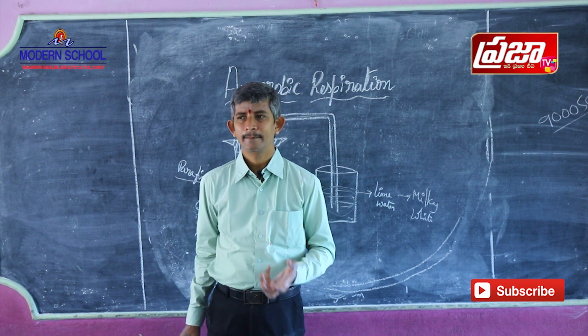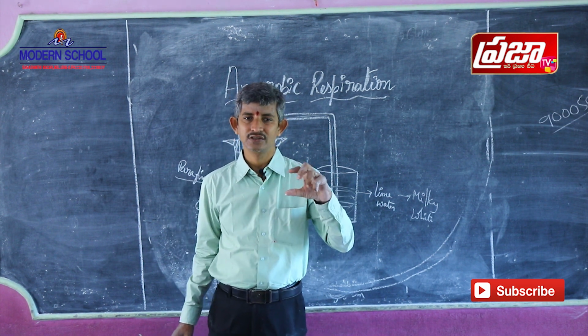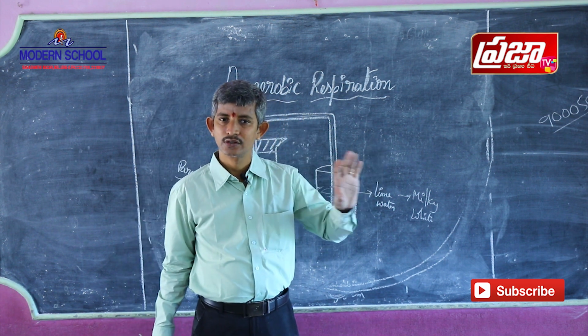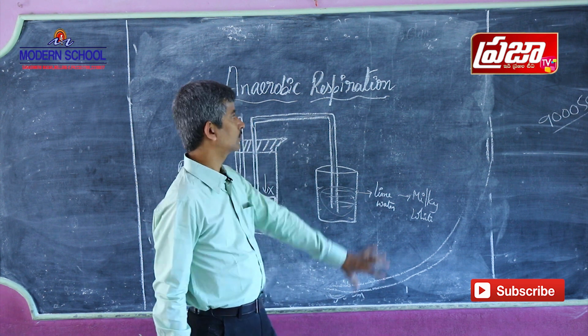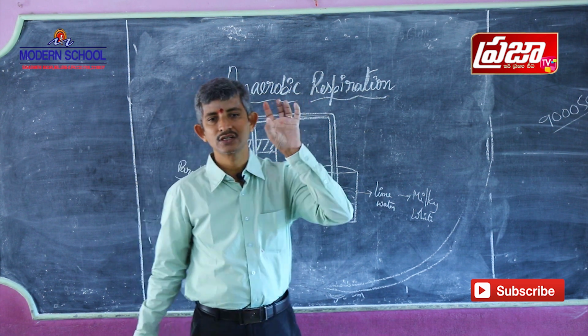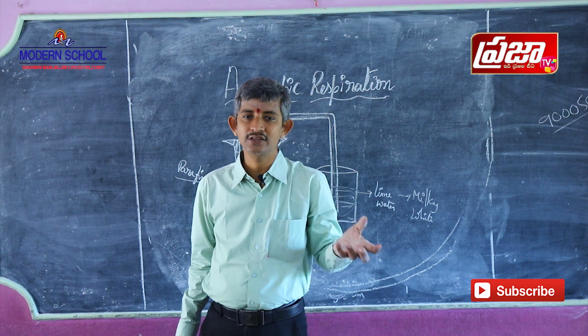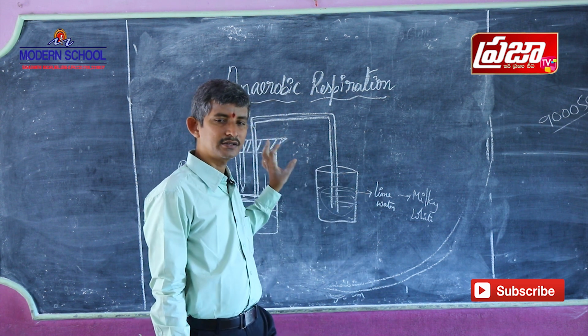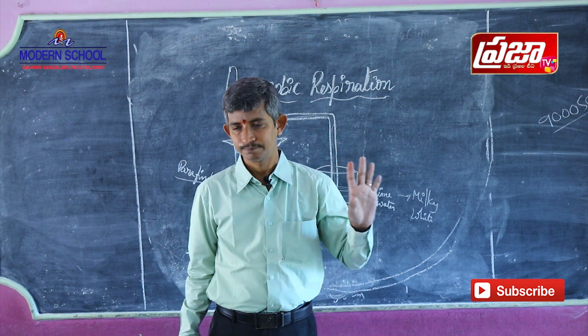What is the reason? The reason is insufficient oxygen in the tissues. So they undergo anaerobic respiration producing lactic acid, and that leads to pain in the muscles. So this is the topic of anaerobic respiration. Okay, that's it.